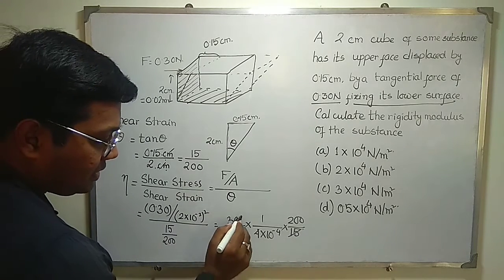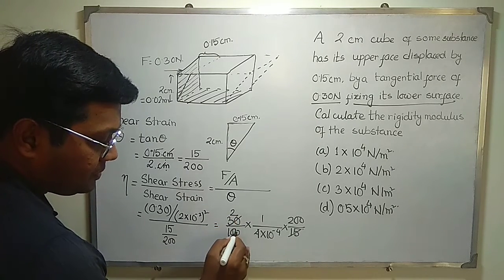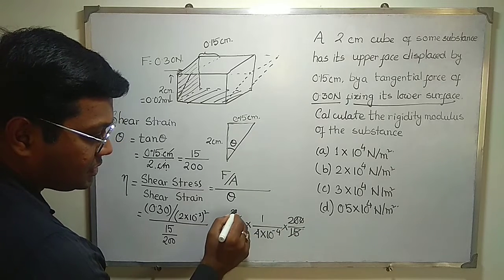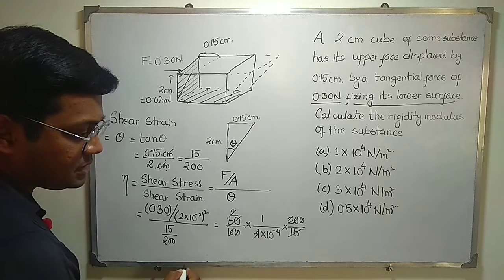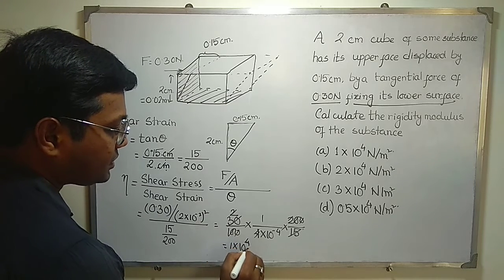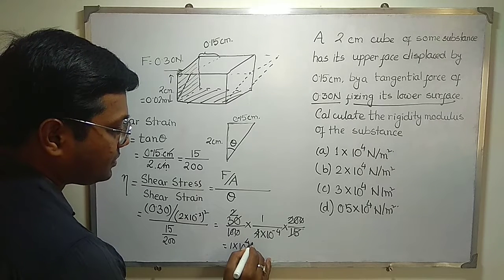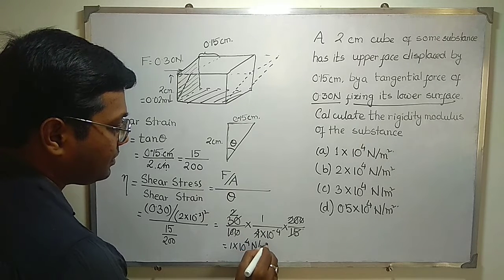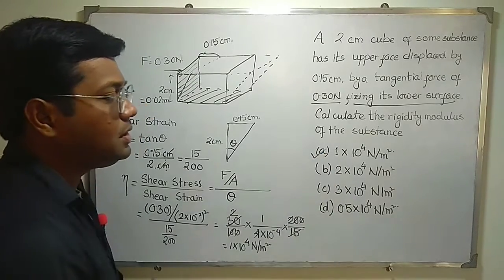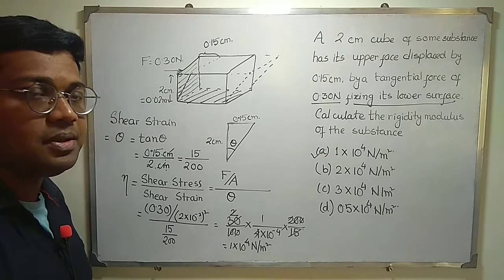So 15, these two zeros cancel out. So here is 4, 2, 2, and 4 cancels out. So it is 1 into 10 to the power plus 4. 10 to the power minus 4 goes up, 10 to the power plus 4 Newton per meter square. So the answer is 1 into 10 to the power 4 Newton per meter square.